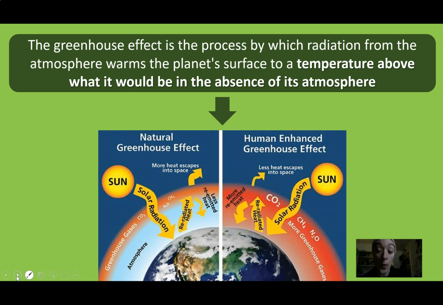So that's a wordy definition, but what it means is that the atmosphere is keeping our planet warmer. Without our atmosphere, we'd be colder, right? The atmosphere is helping to trap heat from the sun.